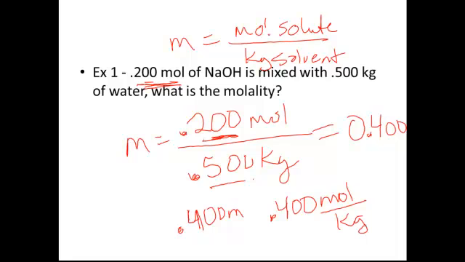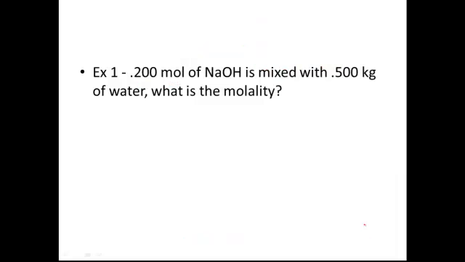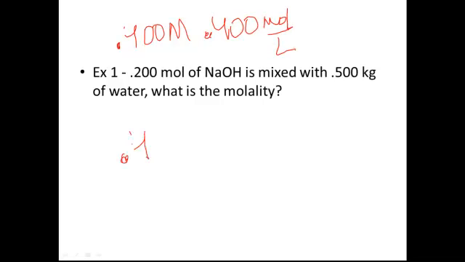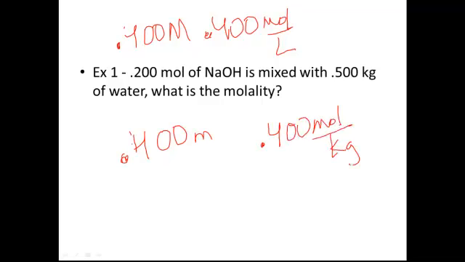Just like with molarity, let's make sure we remember this. If the answer was 0.4 molarity, you would write 0.4 big M, or 0.400 moles per liter. With molality, it's 0.400 little m, or 0.400 moles per kilogram.